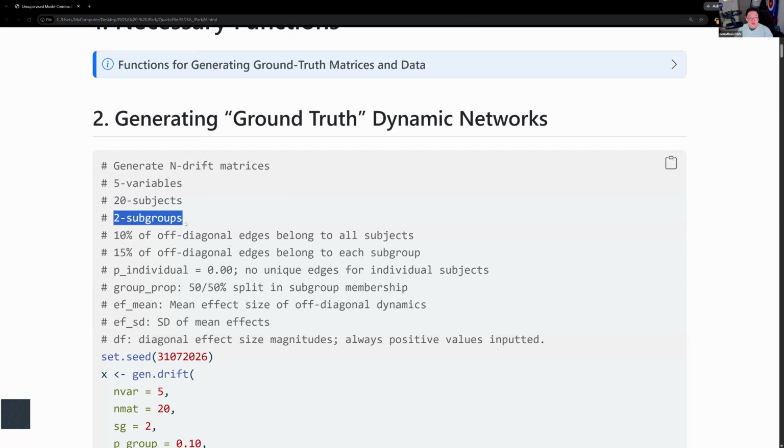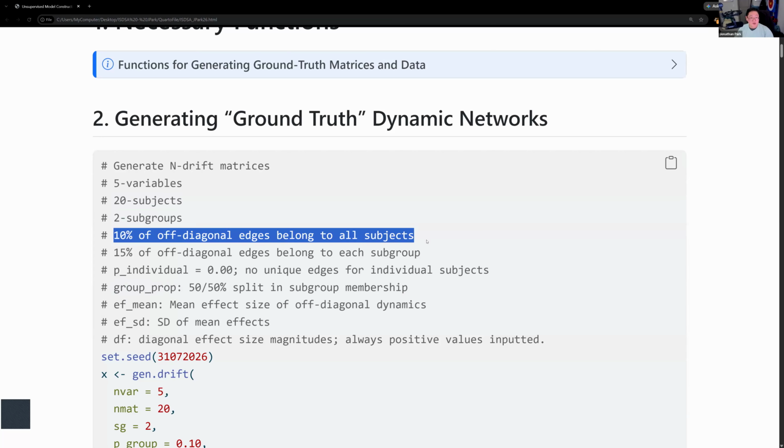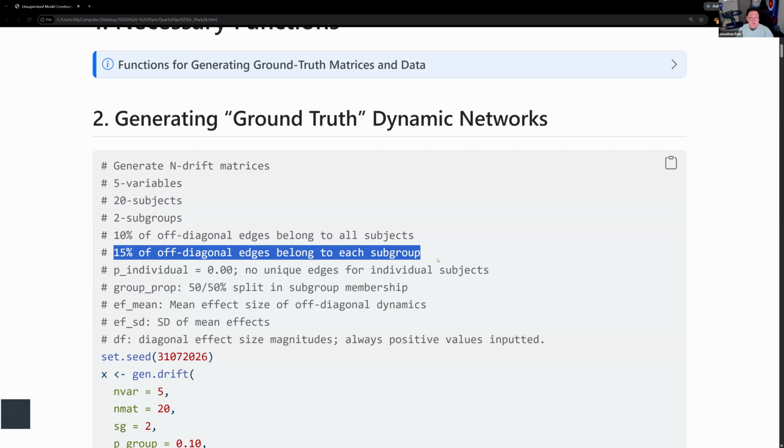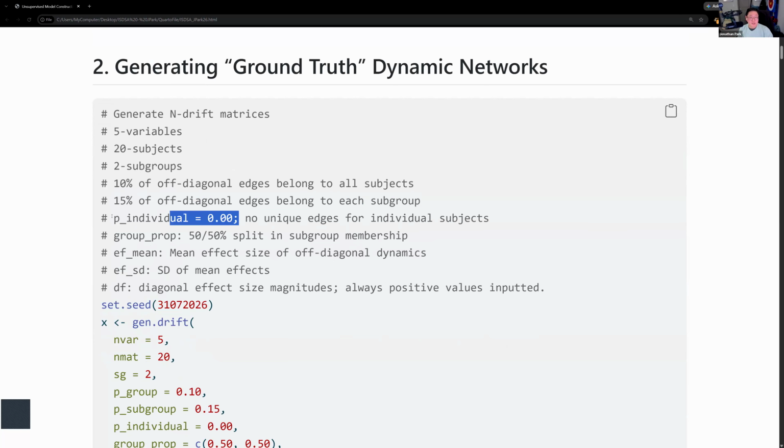We'll have 2 subgroups where the proportion of subgroups is a 50-50 split, so there will be 10 people in group 1, 10 people in group 2. 10% of the off-diagonal edges belong to all subjects, so these are group level paths. 15% of off-diagonal edges will belong to specific subgroups. And then P individuals is set to 0, so in this case, there are no unique edges for any individuals.